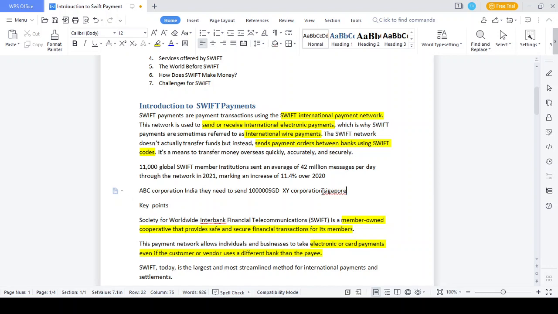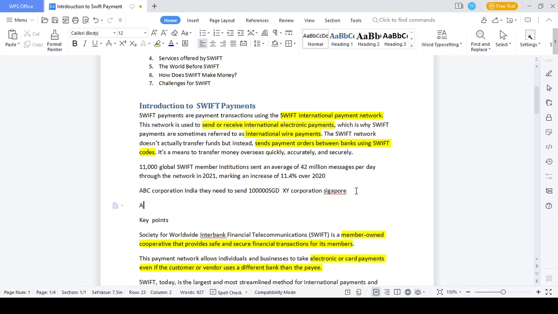In this example, the ordering customer is in India and the beneficiary customer is in Singapore. What happens? ABC Corporation plans to transfer the money there. They hold an account with SBI or some other bank, say SBI India.